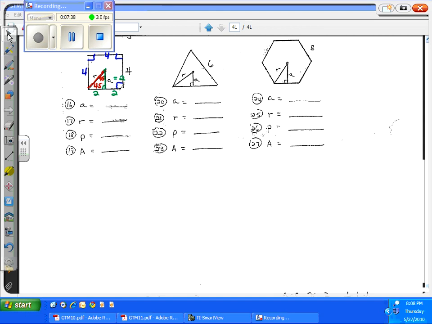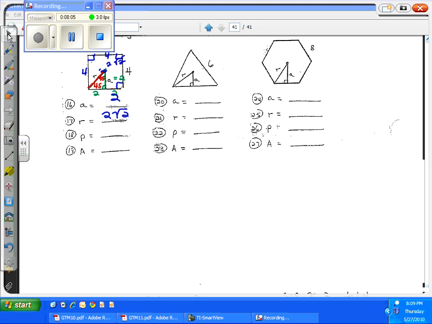In a 45, 45, 90, the hypotenuse is equal to leg times the square root of 2. So the radius, which is the hypotenuse, is equal to a leg, 2, times square root 2. So apothem is 2. Radius is 2 square root 2. We got that from the 45, 45, 90 triangle rules.